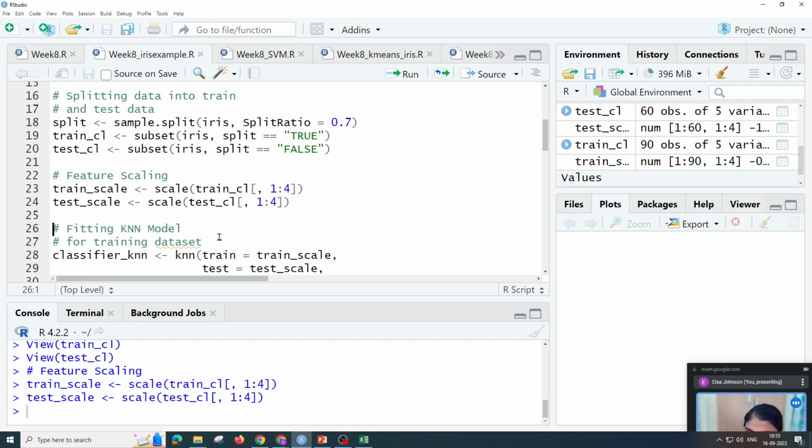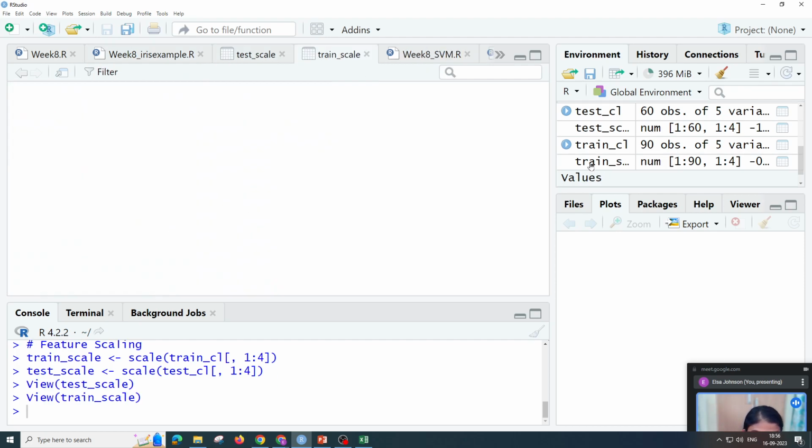There you take the train set first and do a fit_transform, where you fit according to the mu and sigma and then transform it. For the test set you only do the transformation obtained from the train set. So now we have scaled it, and we have obtained the test scale as well as the train scale.